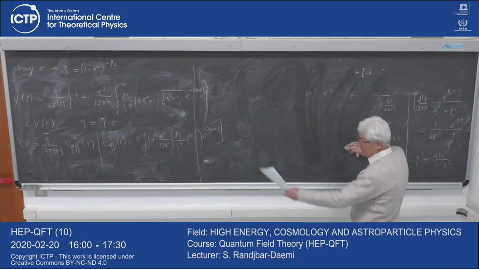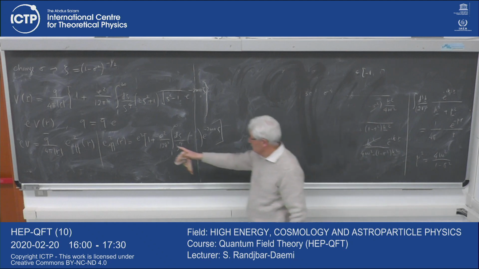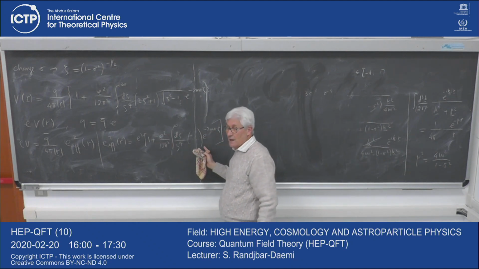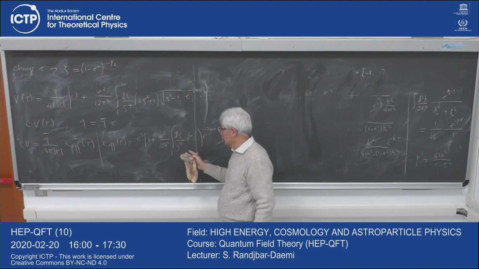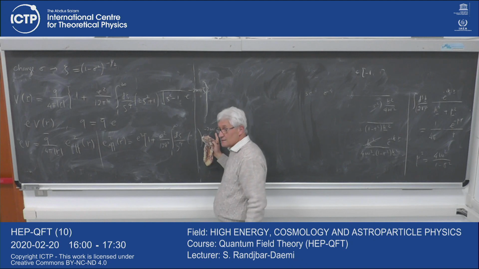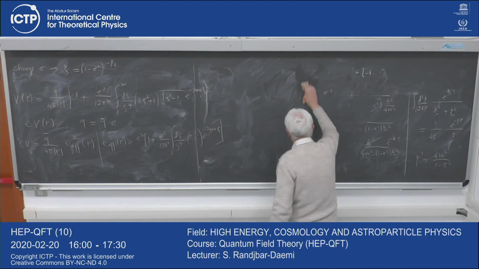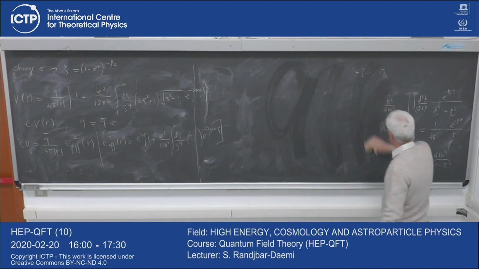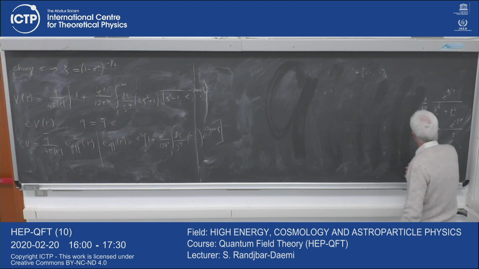How much does it deviate? It deviates as much as this object is. And obviously that deviation from the standard Coulomb potential depends on distance. R is sitting here. So we should find out how much it deviates when you go far from the charge and how much it deviates when you go very close to it.